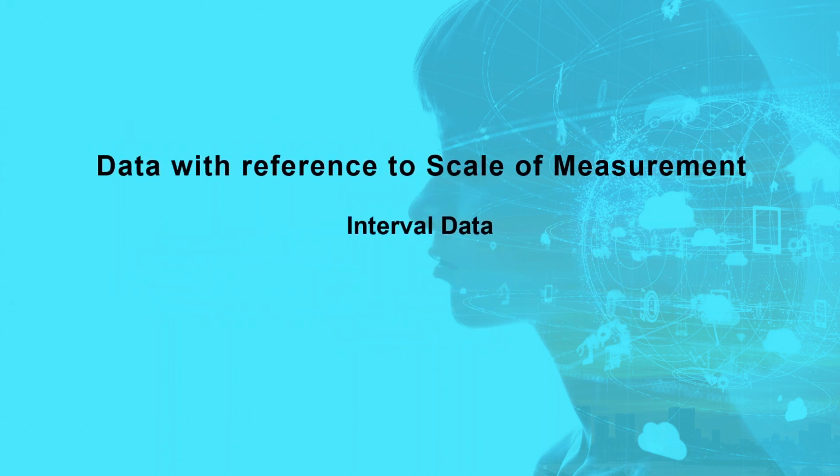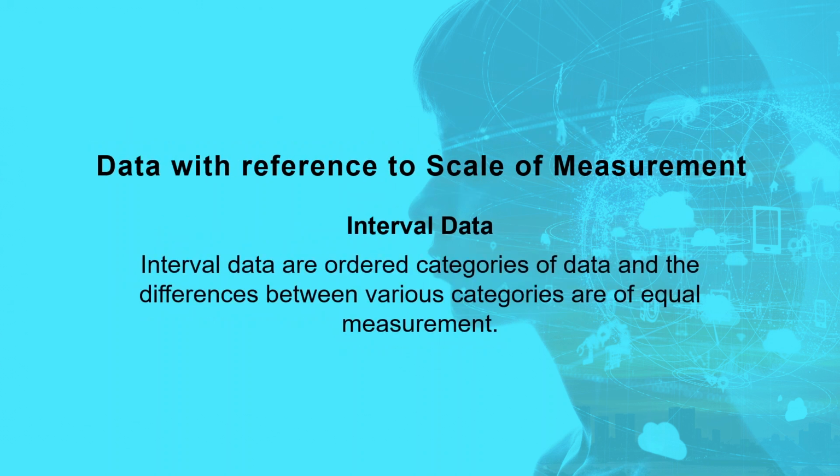Interval data are ordered categories of data, and the differences between various categories are of equal measurement. For example, we can measure the IQ or intelligence quotient of a group of children.